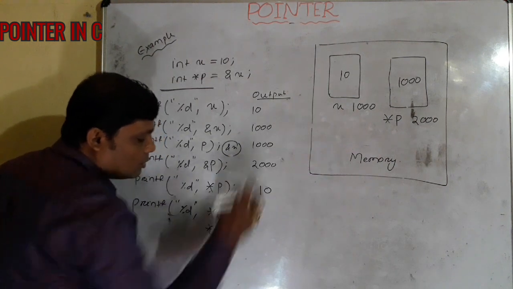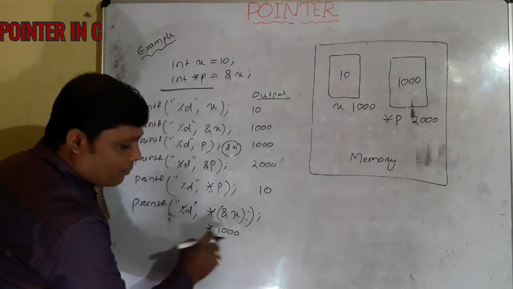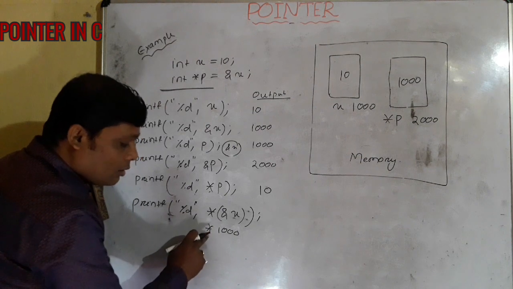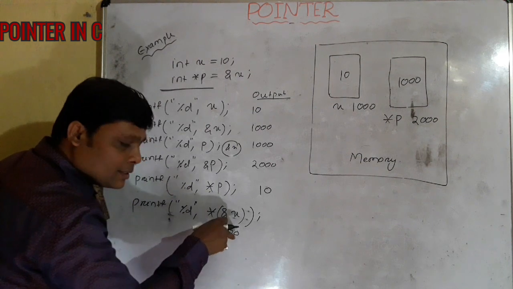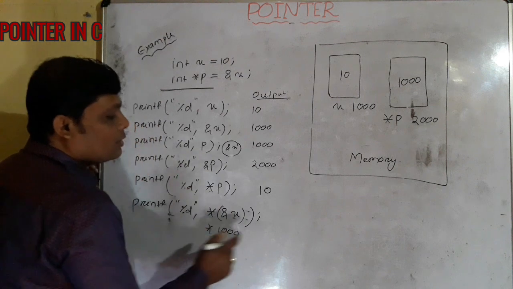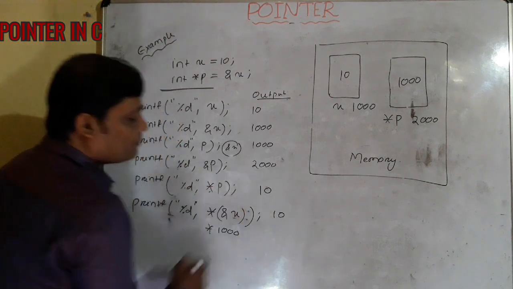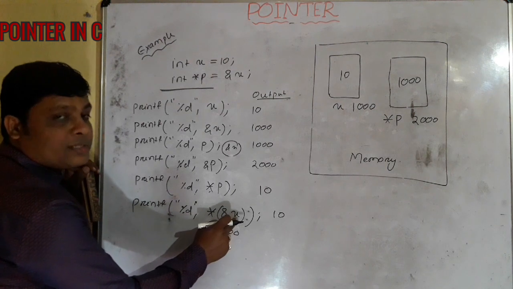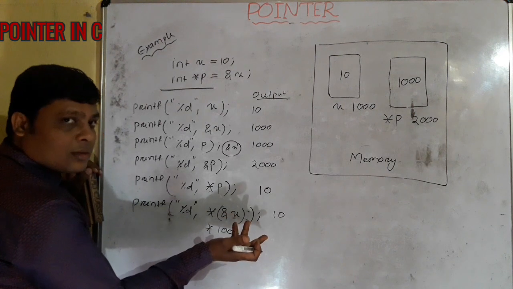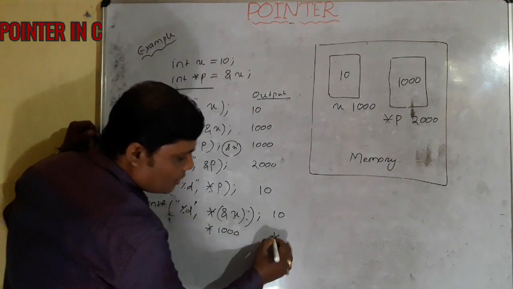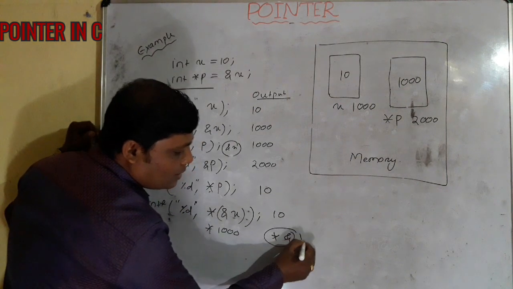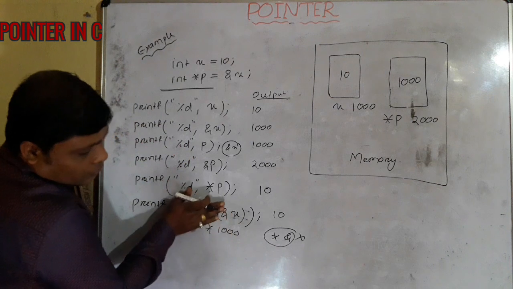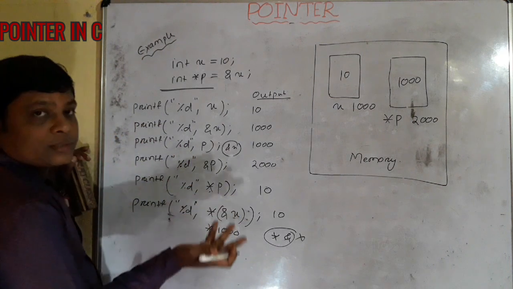Address of x is 1000. So one address is there after star. It will give the value at that address. Value at 1000, that is 10. So star ampersand will be cancelled. So it will display the value of x. Clear? Star ampersand will be cancelled and it will give the value of x, %d x. Same.